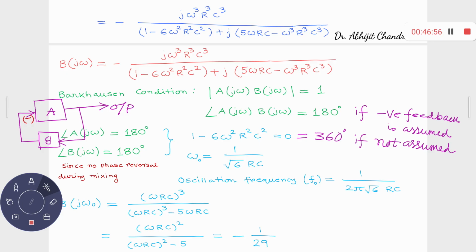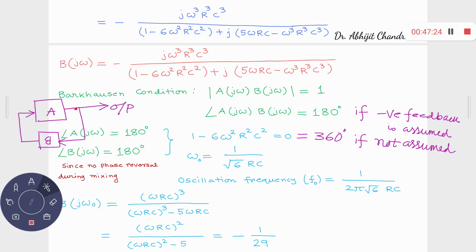Now, if this is not assumed internally, I don't know how it is added over there, how it is fed back. The only thing that I know is that from here to here, there is a 180 phase difference.